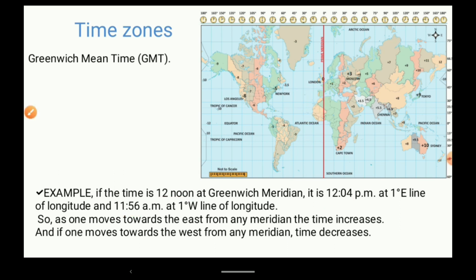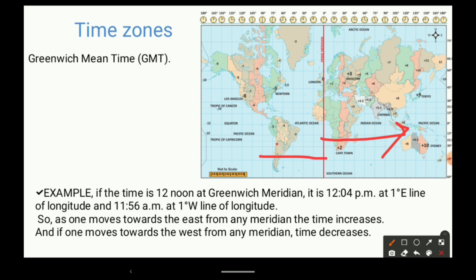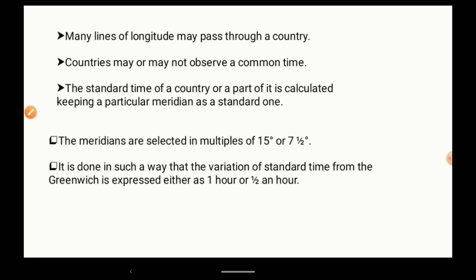From this we can understand that whenever one moves towards the east from any meridian, the time increases, and if one moves towards the west from any meridian, the time decreases. Next, we are going to see how these meridians work.